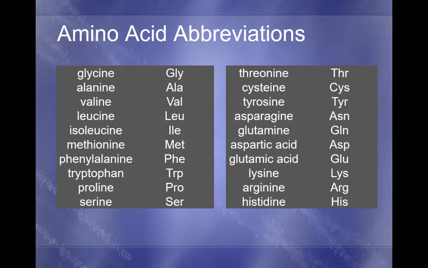And some of them could easily be confused with each other. Okay, so think about glutamine, for example. It's GLN because GLU was already used for glutamic acid. So this is a great way to use shorthand so you don't have to write out all the actual names of the amino acids. But if you want to do that, that's totally fine as well.